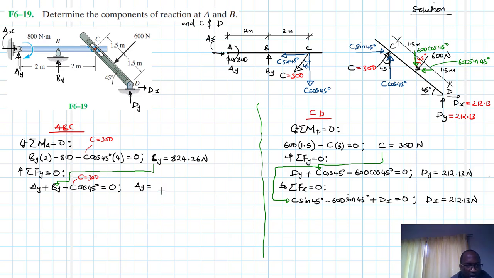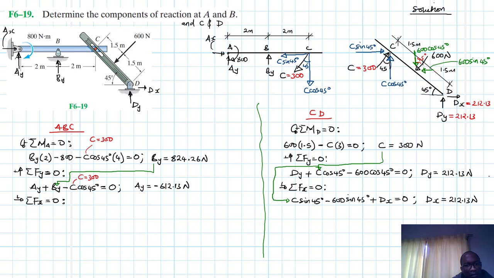Then our AY is just going to be equal to minus 612.13 newtons. Alright, and then finally we have summation of forces in the x direction equal to 0.